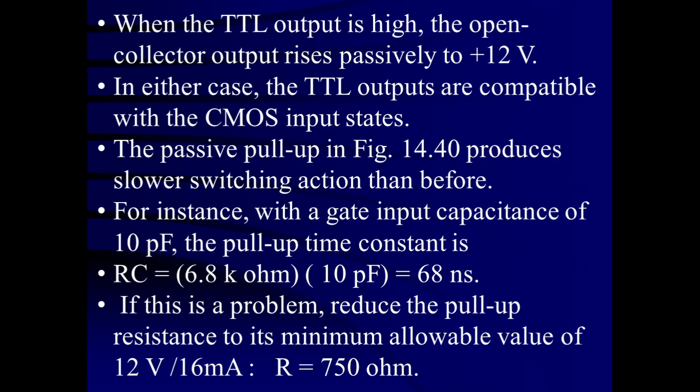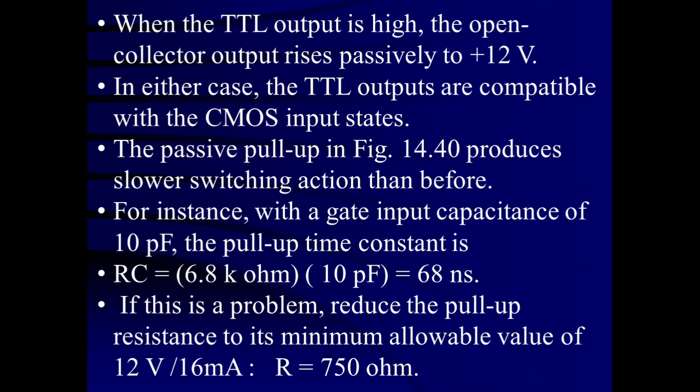Whatever we have discussed earlier can be applied here, because now the output transistor is not conducting. That means it is a passive pull-up, because the output voltage in the high state is going to be 12 volt, and that 12 volt is the input to the CMOS. So this 12 volt is actually rising across the input capacitance of the CMOS. That input stray capacitance, you can consider maybe 10 pF or something.